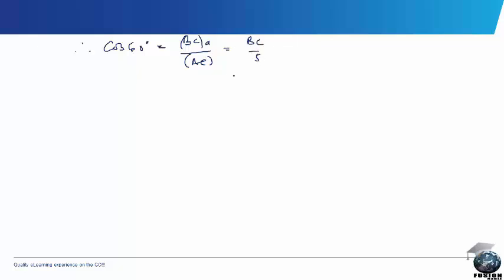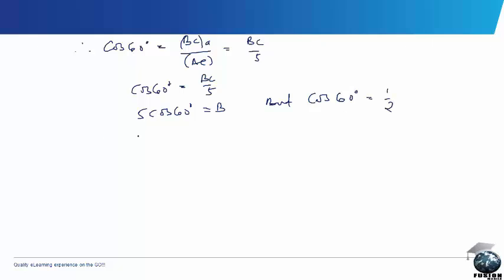Okay, and then we have that cos of 60 degrees is equal to BC over 5, and then you have that 5 cos 60 degrees is equal to BC. Alright, but cos of 60 degrees is equal to 1 over 2, so you can say that 5 times 1 over 2 is equal to BC, so therefore BC is equal to 5 over 2.